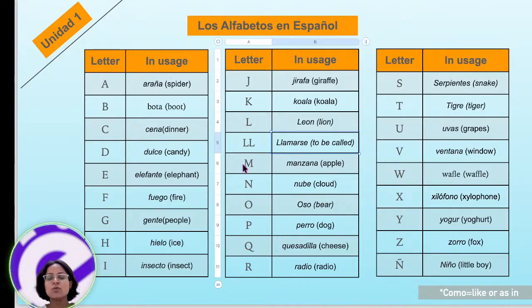There are two ways of pronouncing doble L, although there are many, but the two main ones: either we say it as y or as je. So I can say this llamarse or llamarse. I hope that's making sense.